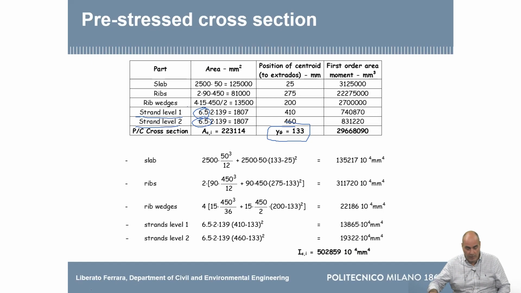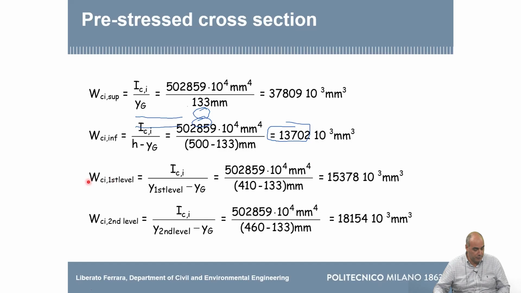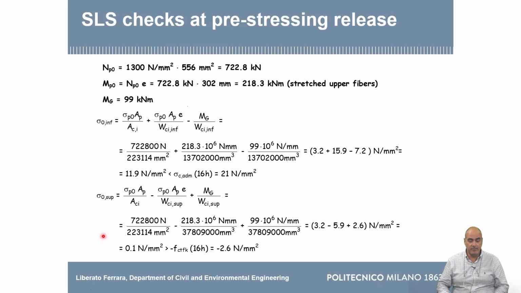So you redo your calculations, moment of inertia, flexural moduli, and we reperform the checks. But at this stage, they are checks. Beforehand, we used the same equations for design. You remember, we didn't know AP, and we used that. Now we calculate the stress, and we check that the stresses are lower than the limits.